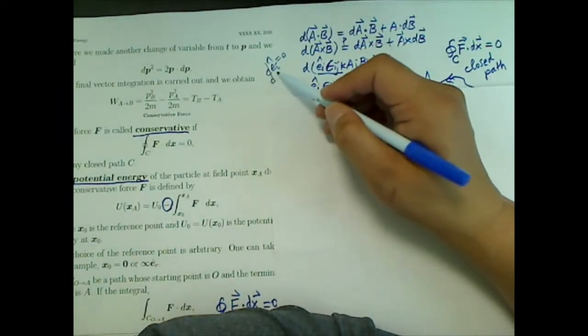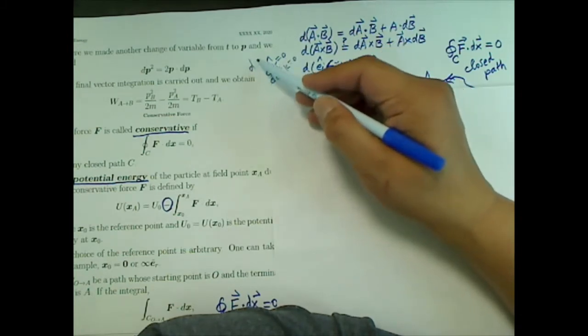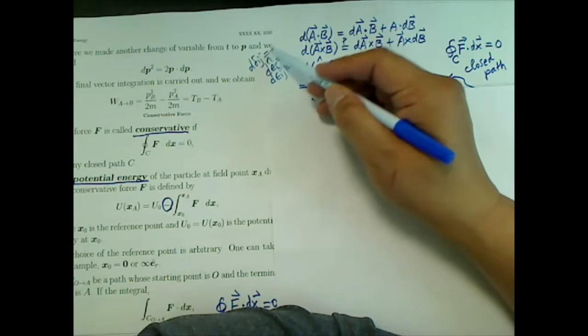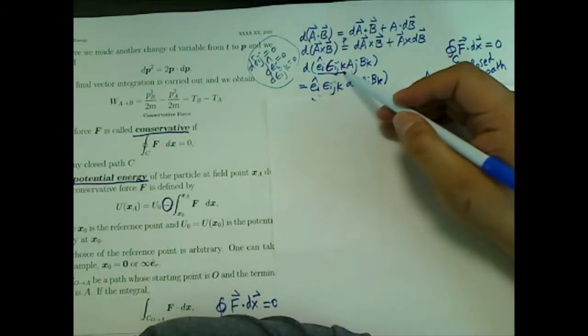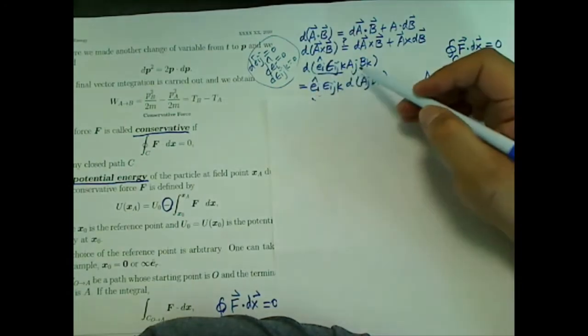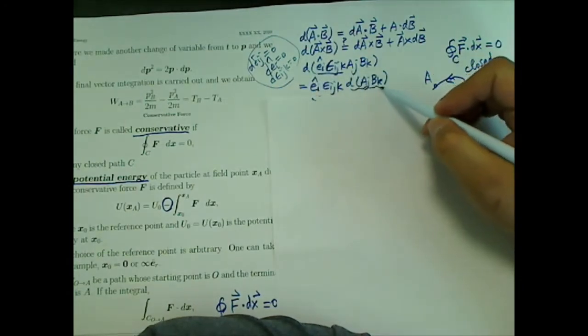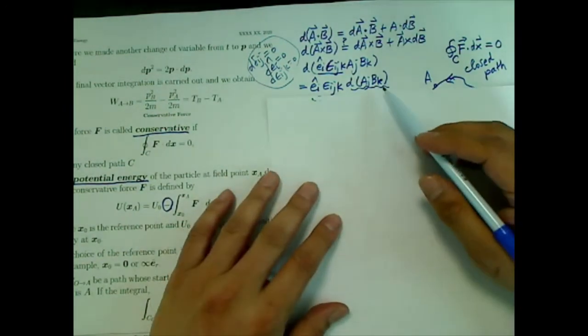And epsilon_ijk is a number, delta_ij is a number. So everything does not have any differential, so we can factor these out of the differential. And this total differential for A_j and B_k should be simply computed.